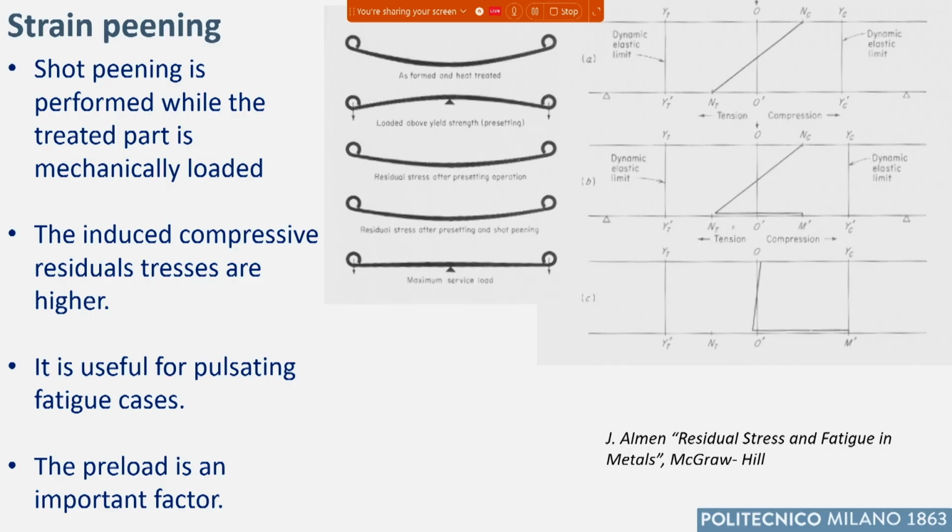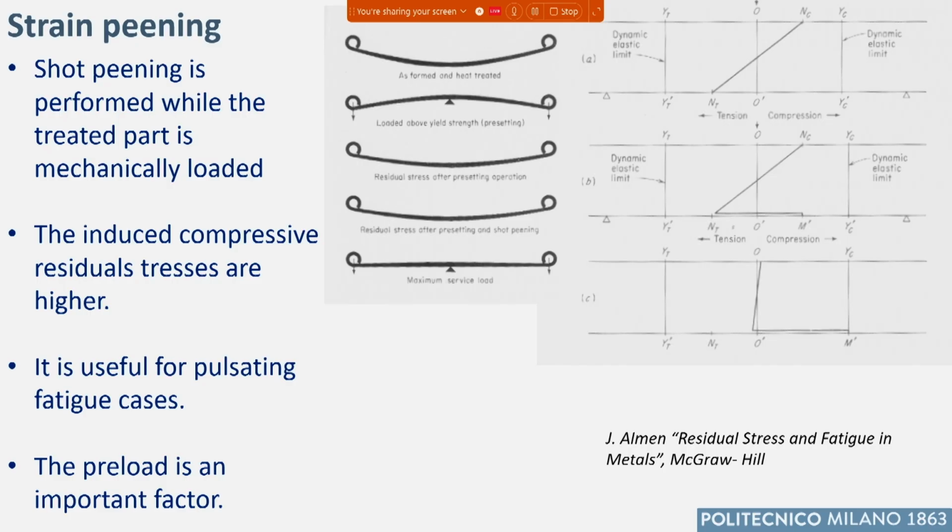The most critical part is the part where the leaf spring is bent, in bending from the load application, and the part of the beam that is in tension is the upper part. So we need to peen especially the upper part because the crack will start from that point.